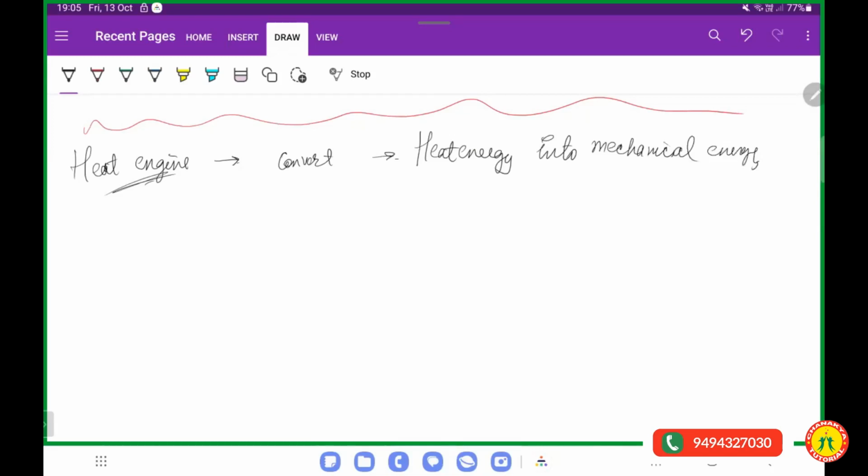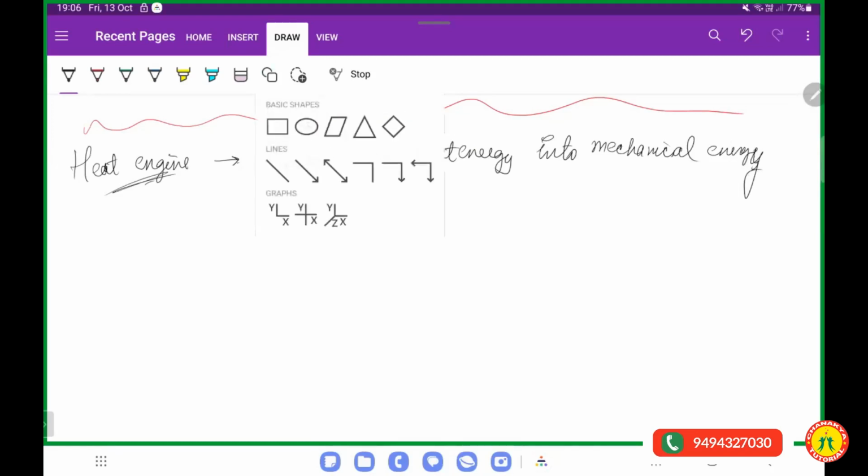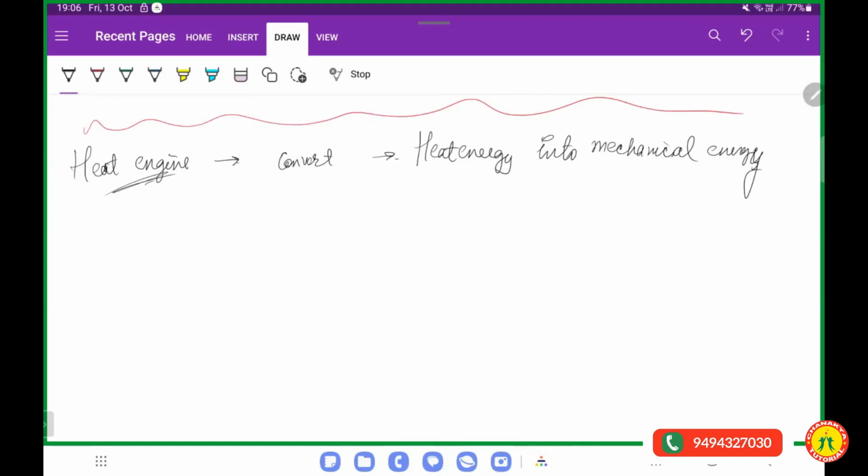Mechanical energy, in the form of, you can say, work done. Mechanical energy we can say as work done.